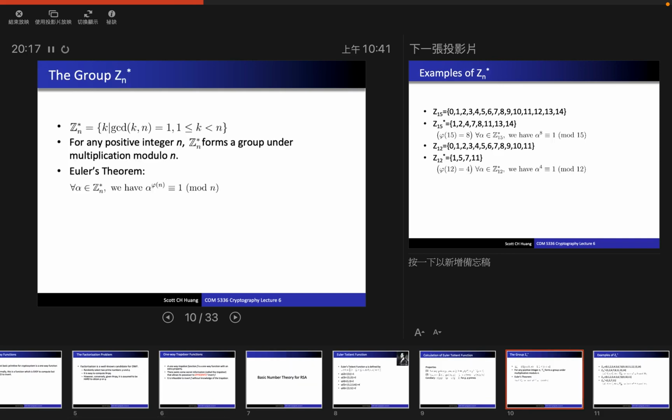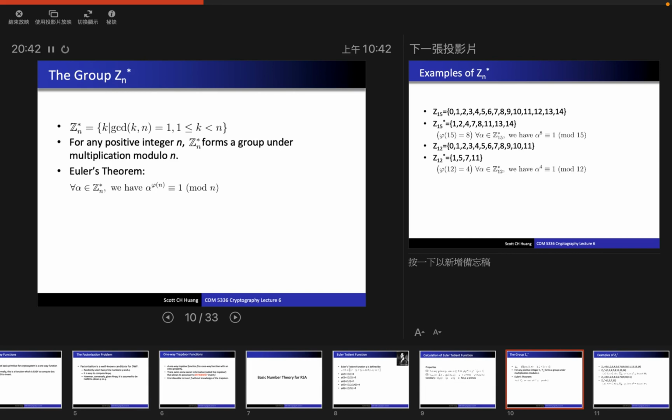Another important property is the group that Euler found. Think about Zn star. This is a group, and this group is quite useful.